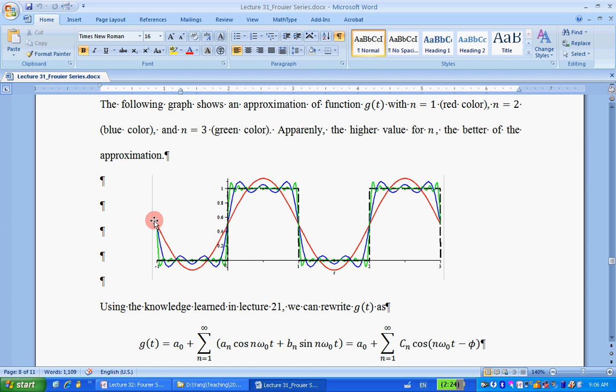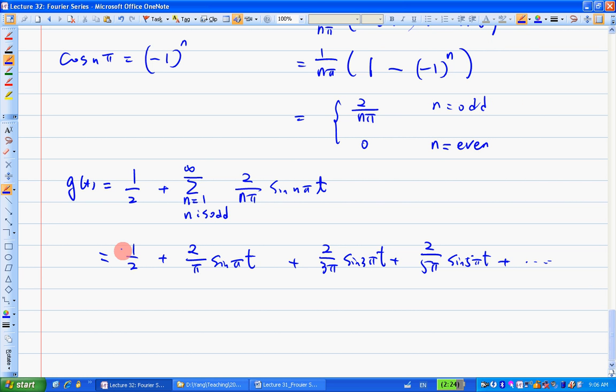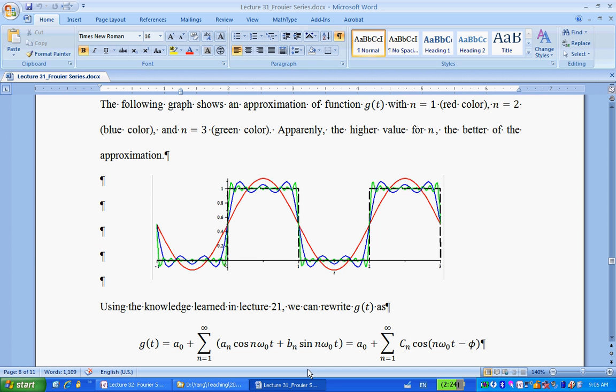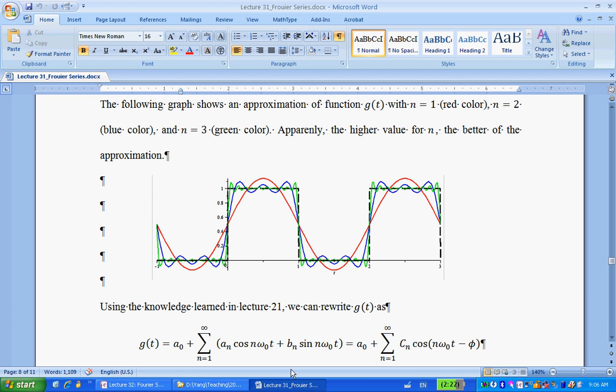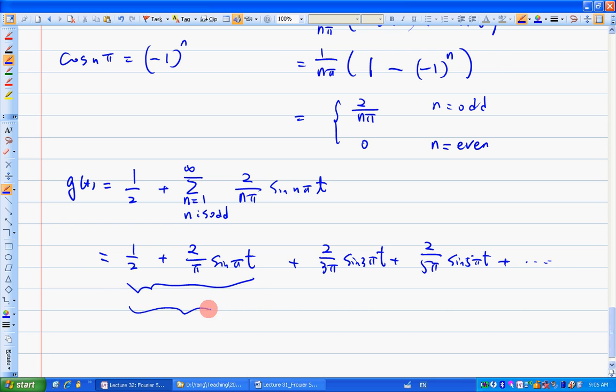Now, if I just use one term, if I let n equal to 1, what do I get? I just have these two terms here. Then when I graph this out, that's the sine here. But if I use n equal to 2, then I have this one here.